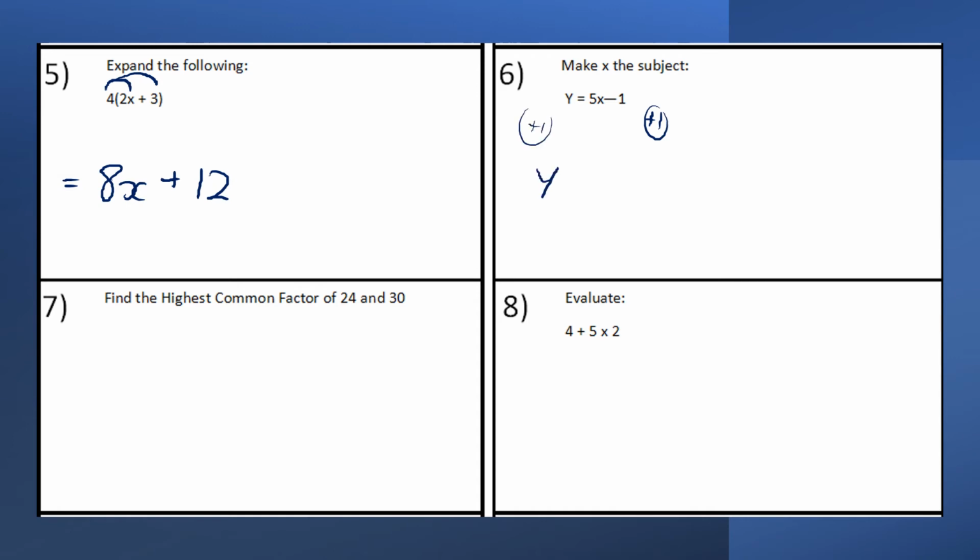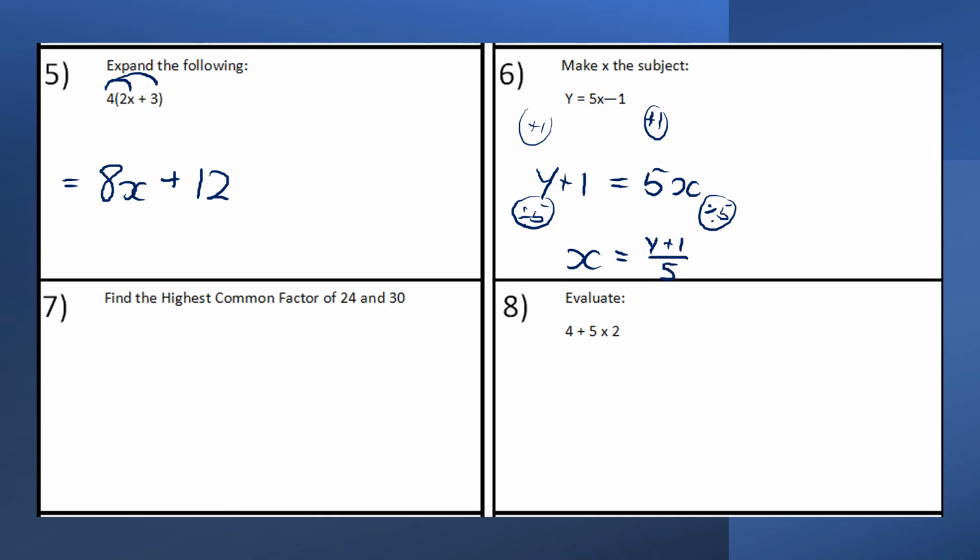So we've got y add 1 is equal to 5x. And then we're multiplying x by 5 here, so the inverse is going to be divide by 5. Divide by 5. So we get x is equal to y add 1 divided by 5. And we just write that as y add 1 over 5. Okay, just like a fraction.